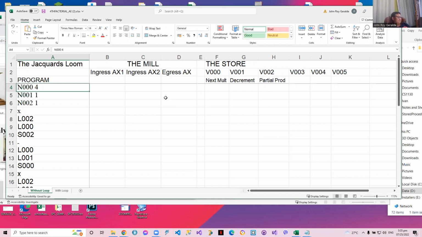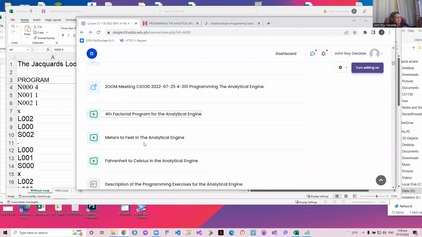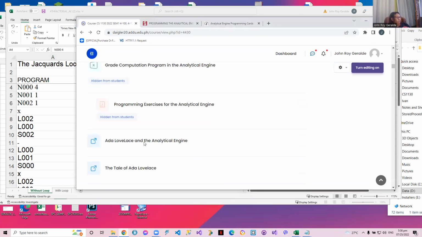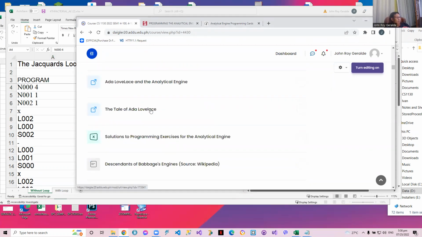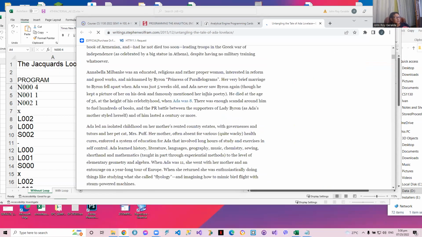Okay. So let's study this. No? When you say N004, now this is our, let's look at the program before we proceed, written by Ada Lovelace. No? Let's see here, the Tale of Ada Lovelace.